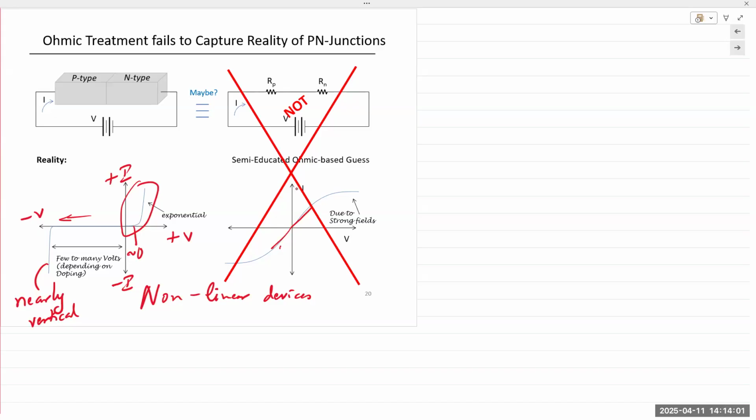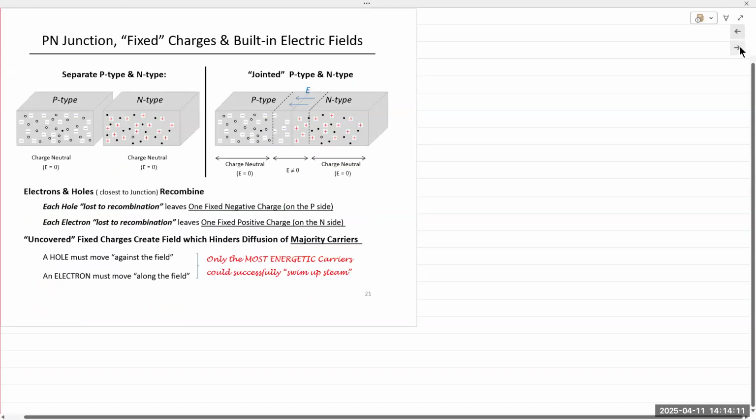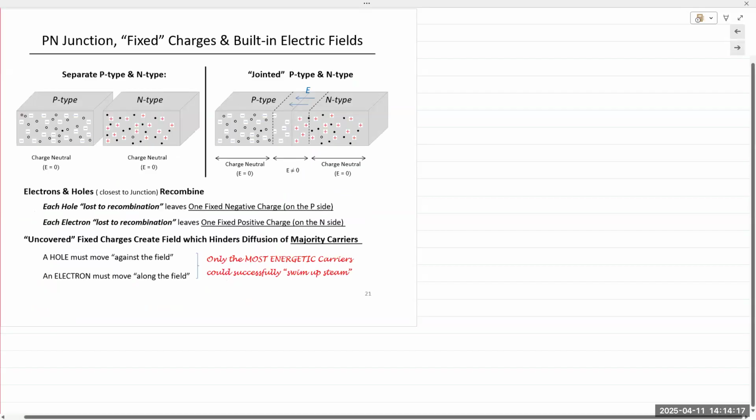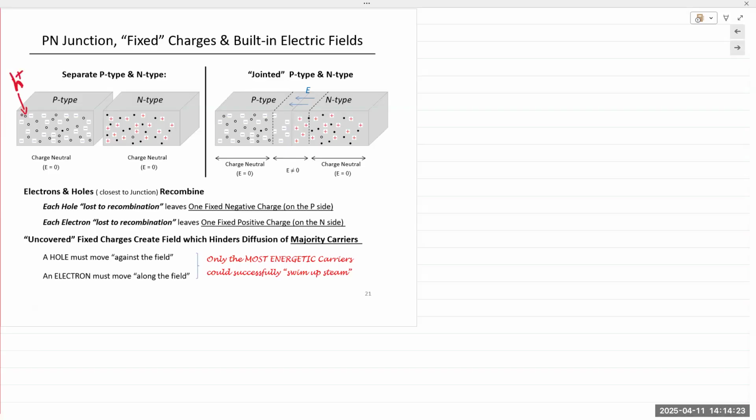Then they performed experiments and postulated theories as to what is actually going on inside the junction. So let's look at what's going on inside the junction. We have separate P and N-type semiconductor materials. On the P side, we have an excess of holes, indicated by the circles. On the N side, we have an excess of electrons, indicated by the dots.